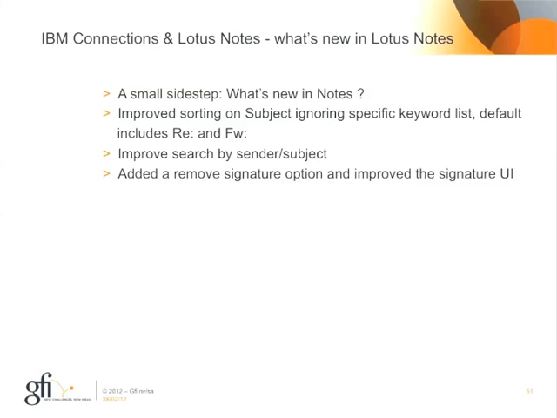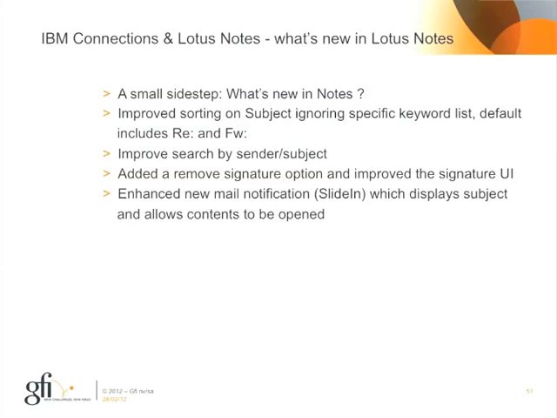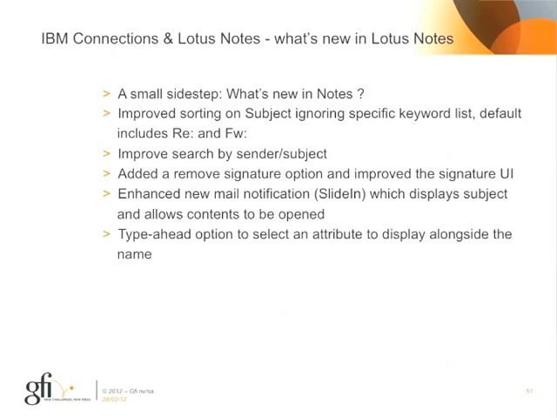There are some changes in the signatures where we can now remove the signature before sending an email. So we have a policy that signatures are always added unless we remove it from the mail just before sending. We have new mail notification slide in instead of the center window that pops up and then you have to click OK. We have the more gentle notification about the email.